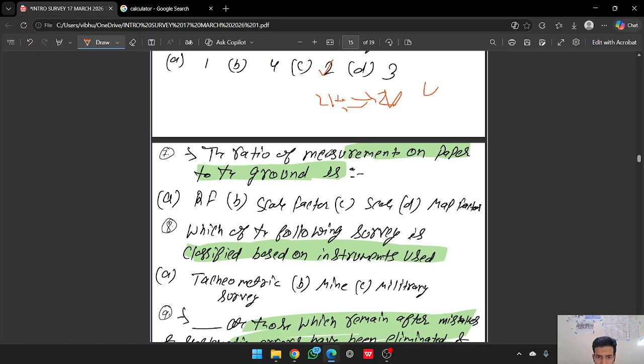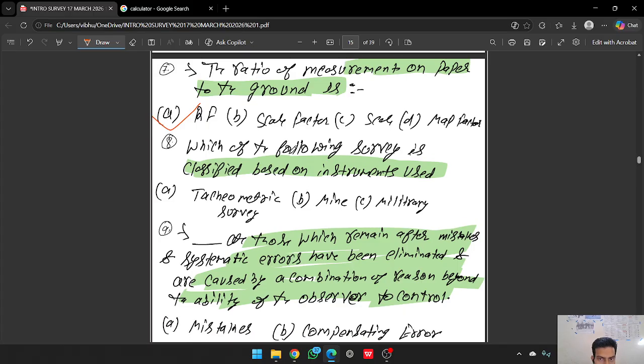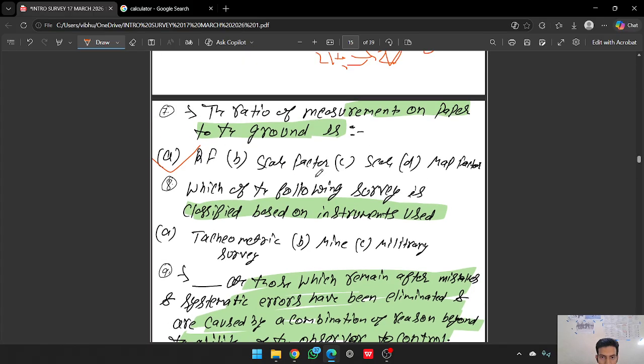The seventh: the ratio of measurement on paper to the ground is known as, paper means map. Okay, map to the ground is known as representative fraction or a scale.